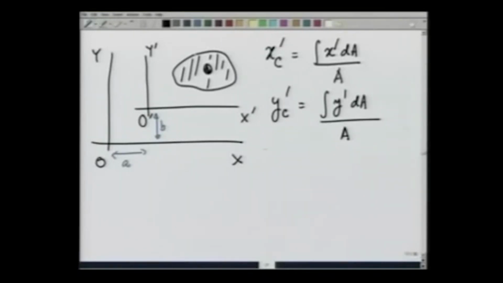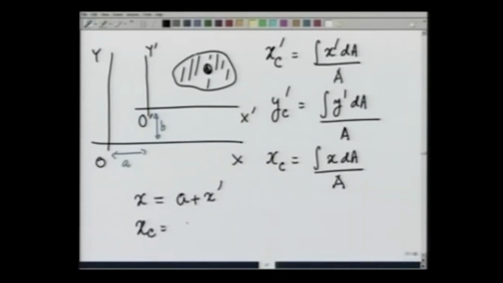Now, let us calculate xc, which is equal to integration x dA over the area, but I know that x equals a plus x prime, and therefore xc is going to be equal to integration (a plus x prime) dA over the area.